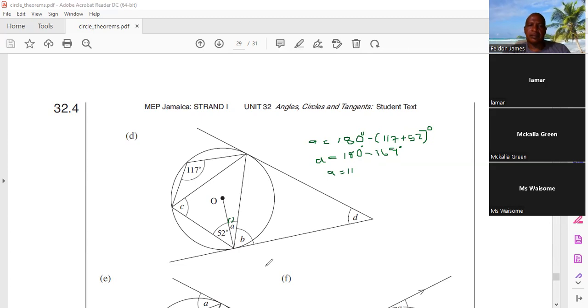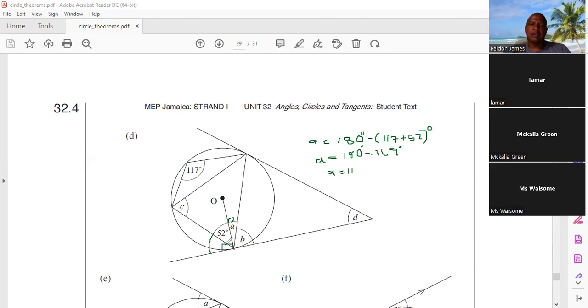Sir, 52 plus 11, would that equal C? Not necessarily, no, because that would not be the alternate. The line B would equal C. But on this side, we know that this straight line coming down must be 90.